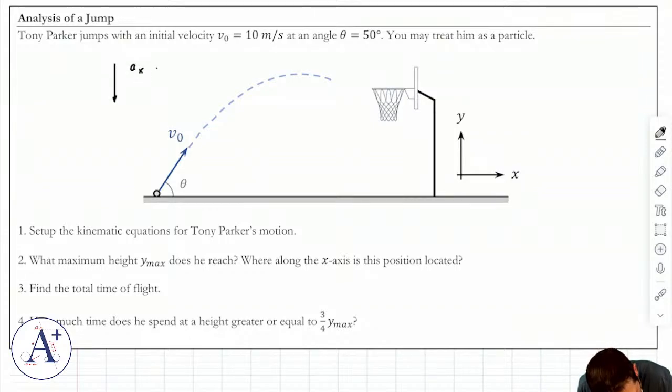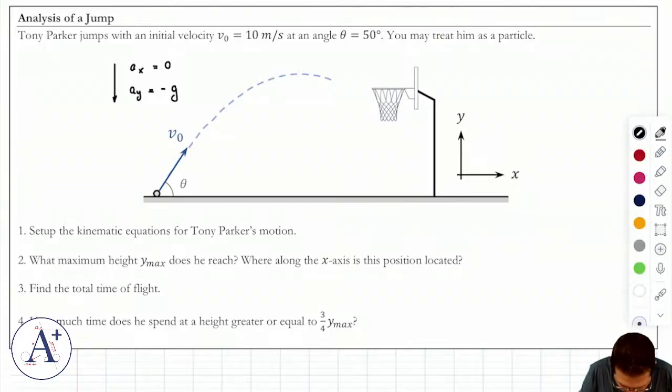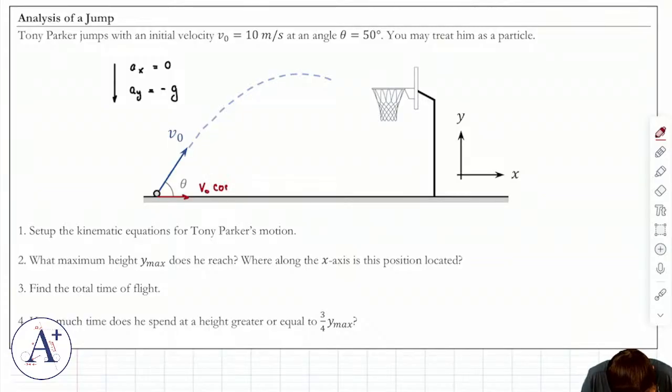It's going to be no acceleration along x and gravity in the minus y direction, because gravity is just gravity, right? It doesn't change. Then the components of v0 are going to be v0 cosine theta along x and v0 sine of theta along y.